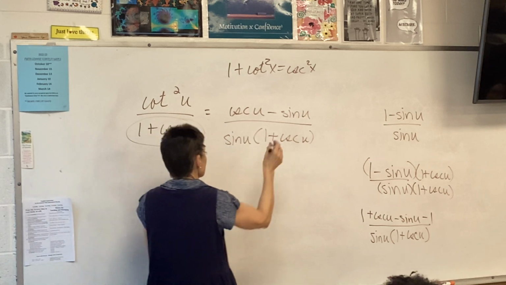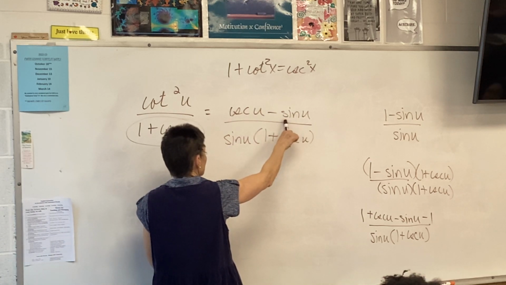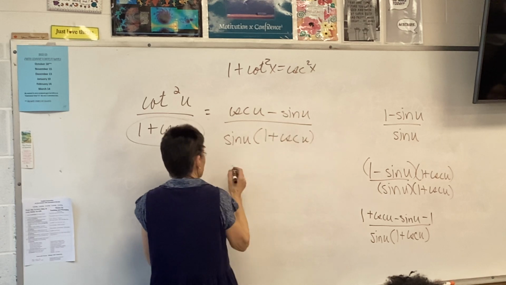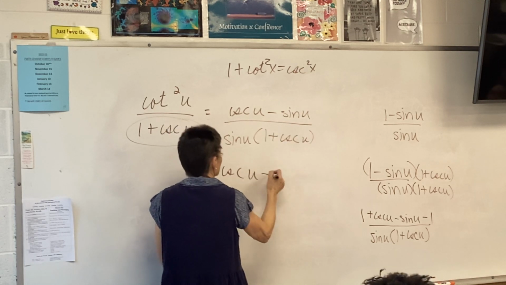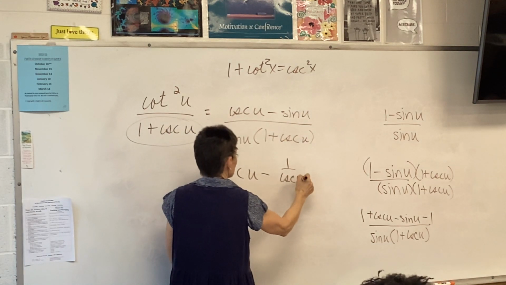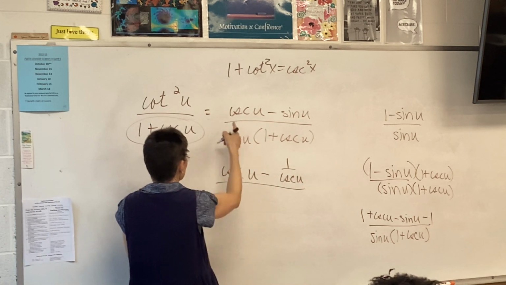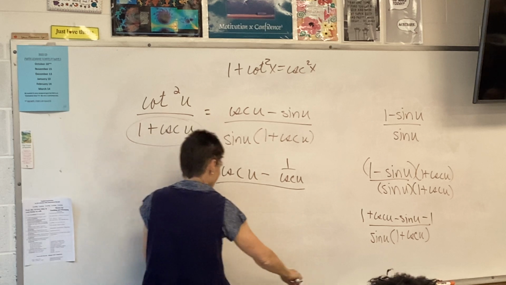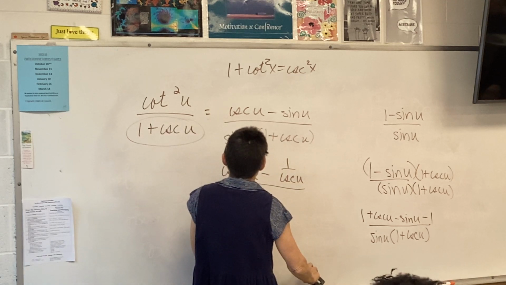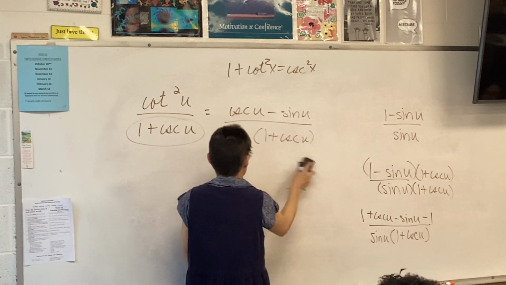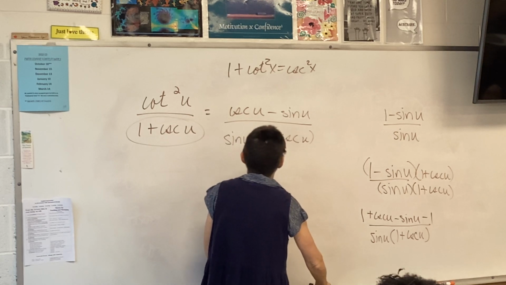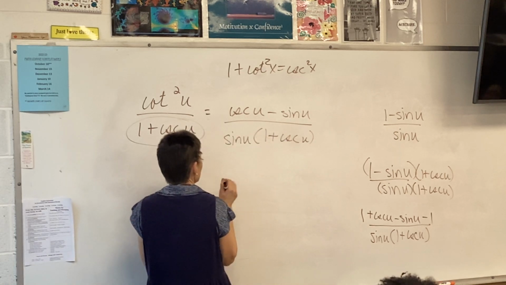So I heard somebody say, change this guy into 1 over cosecant. Is that what you want to do, or do you want to go the other way? This is scary. This is the trenches.